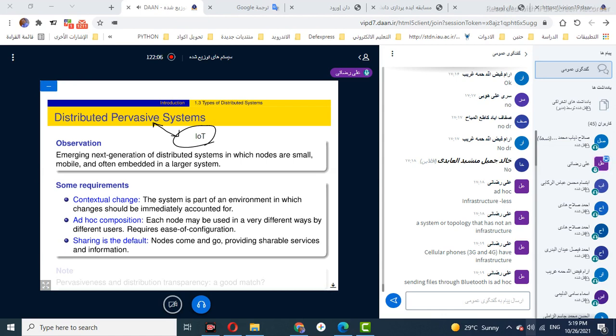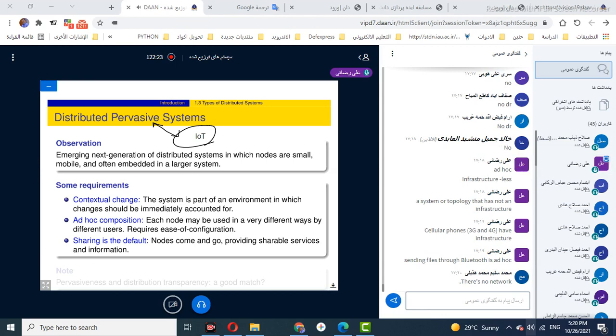So in some systems we have infrastructure, and in some systems we don't. In systems in which we don't have any infrastructure, we have the ad hoc model.